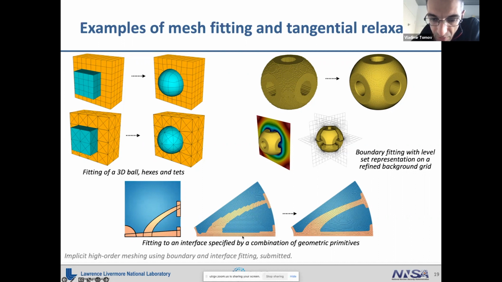It's just a combination of some primitives that are used to form a level set on a background mesh, and then the front mesh is fitted to that interface. Okay, so yes, we have many options. These are all high order meshes, but that's the idea. We have methods to optimize the mesh, and maybe some fancier things if the user wants to fit interfaces or adapt size, things like that.